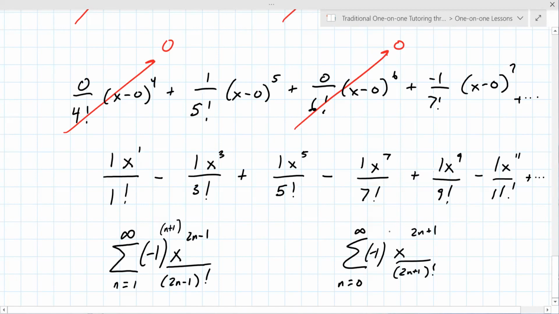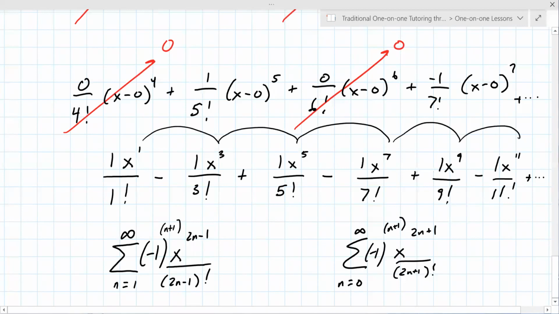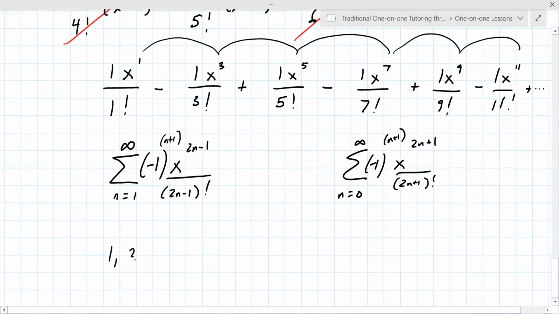Yeah. There's a lot of ways to write it that are all equivalent. So what you're doing is you're trying to show how the exponents increase oddly. So that's the odd expansion 1, 3, 5, 7, 9, and so on. This is always either 2n minus 1 or 2n plus 1.